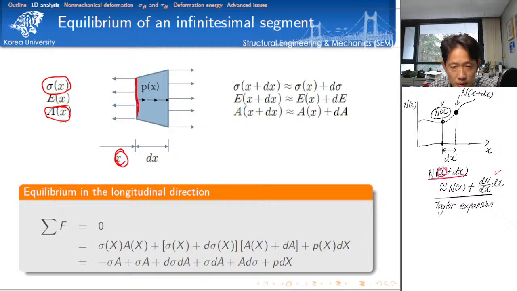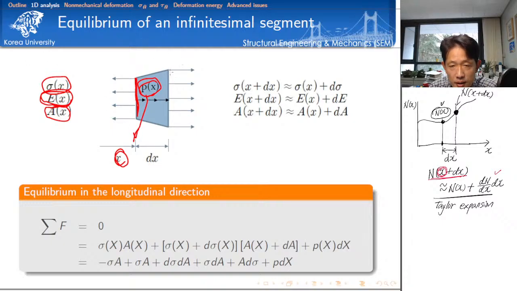That depends on what? The x-coordinate too. And then for a general discussion, we want to consider there is a change of elastic modulus with respect to the x-coordinate. This is a very general case.